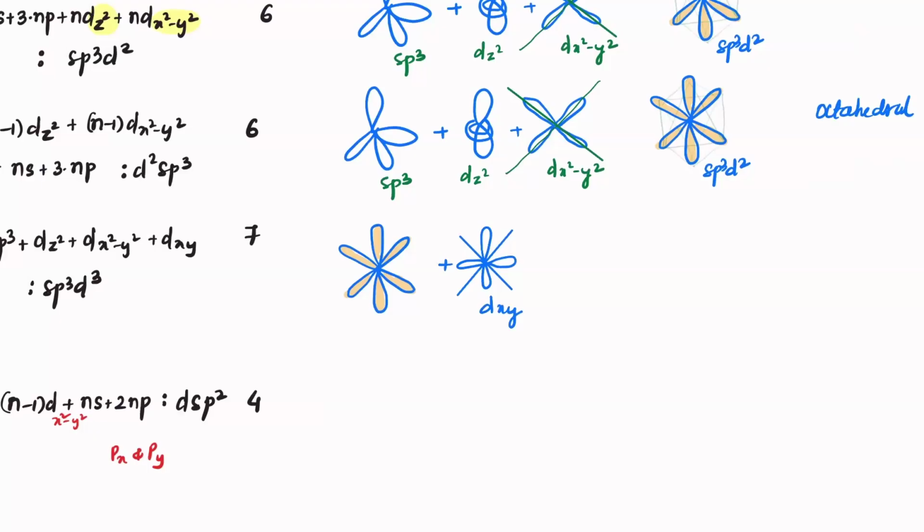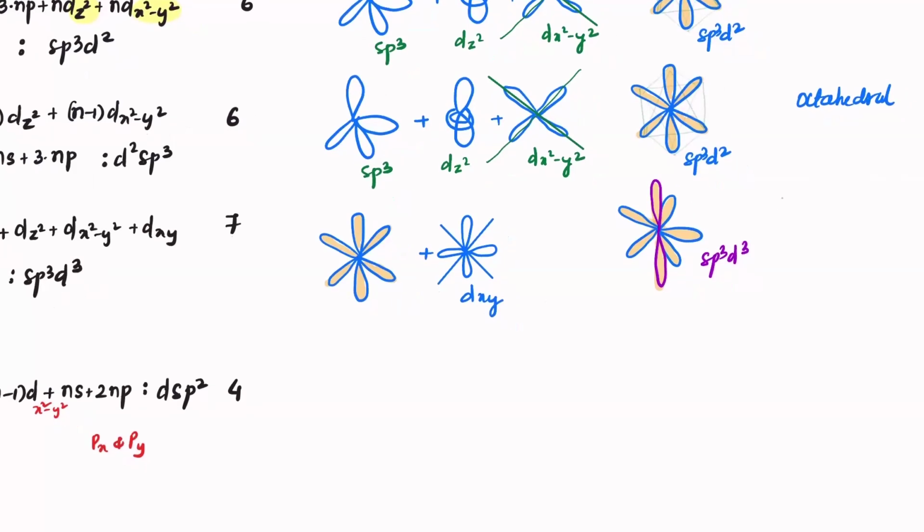On mixing these two, this square plane will become a pentagonal plane, like this way. One lobe will be up and one lobe will be down, a little elongated form. Now if you check all the lobes here, we have a total of 7 lobes: 1, 2, 3, 4, 5, and this is 6 and 7. So the hybridization is sp3d3, and the name is pentagonal bipyramidal.